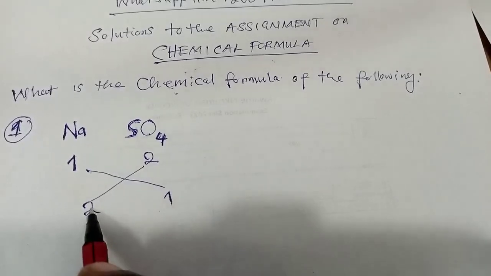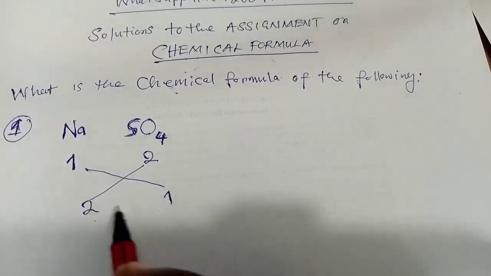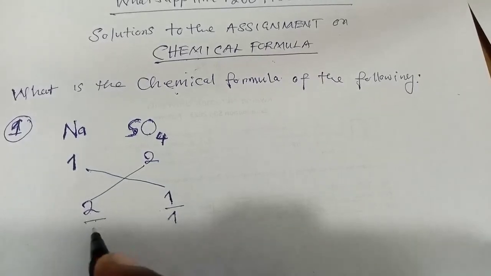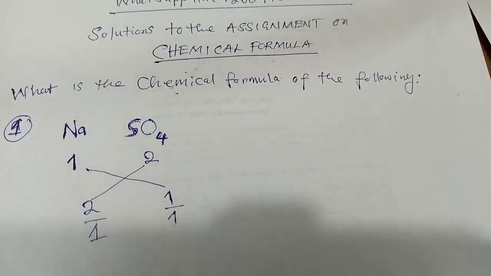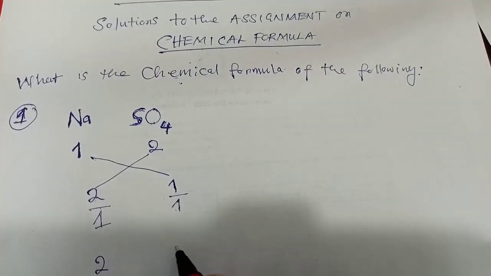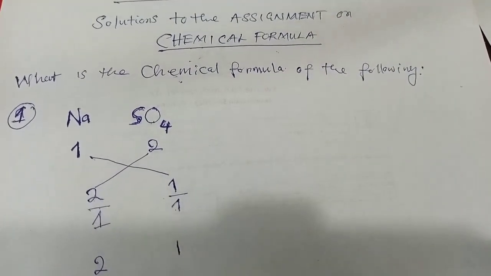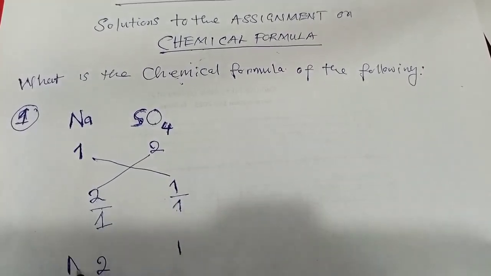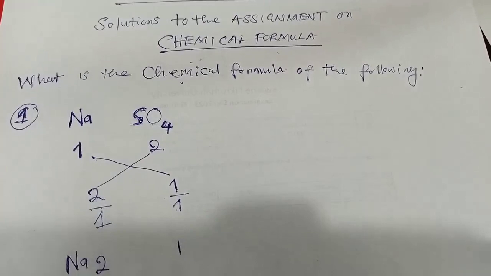1 can go into 2 without leaving a remainder. So when we divide 1 here and 1 here, we are still going to have 2 here to have 1. All right, like that. So that means sodium is like this.